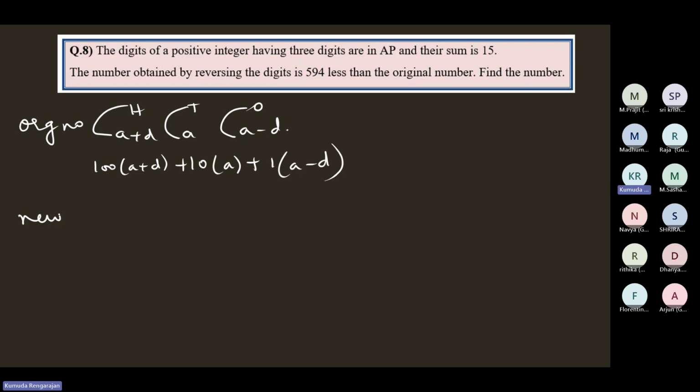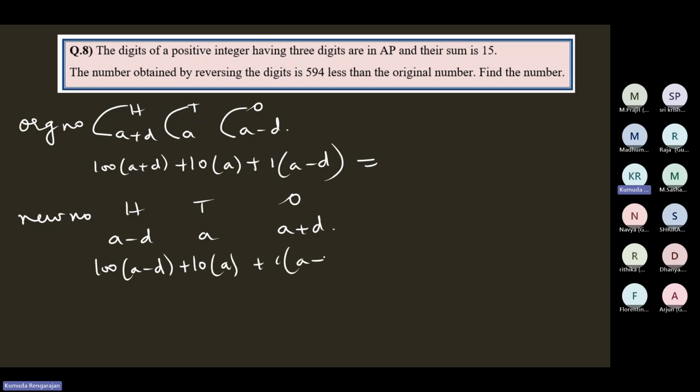The new number will be hundreds, tens, ones, A minus D, A, A plus D. So the new number, this one you should multiply and get an expression, children. So here it will be 100 into A minus D plus 10 into A plus 1 into A plus D. So from this you will get an expression.